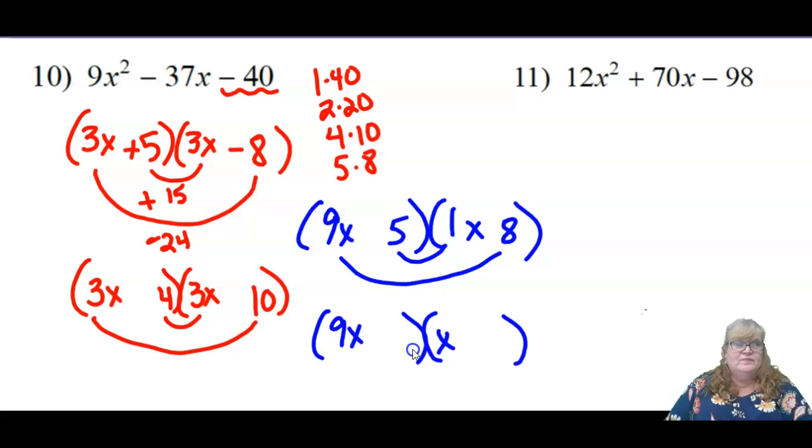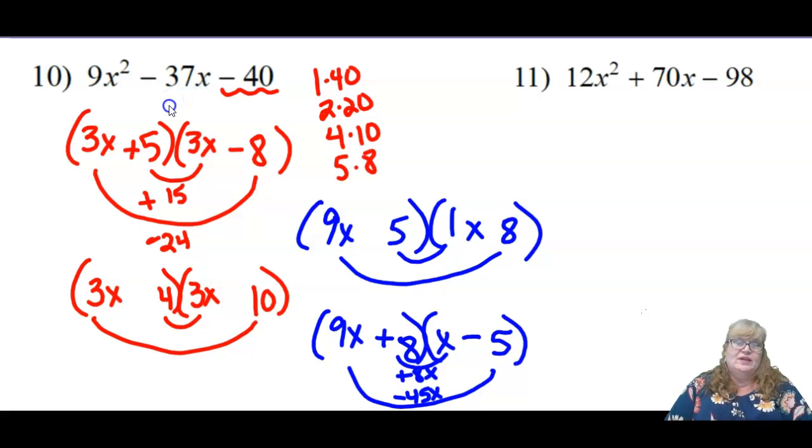Let's see. If we had a 5 here and an 8 here, we'd have 45 and 8. Would that work? This would be 45x, and we need a negative 37, so if we made that a negative 45x, and then we did a positive here, we'd have a positive 8x, and negative 45 plus 8 is negative 37.